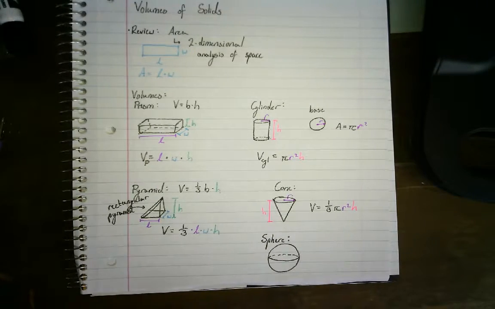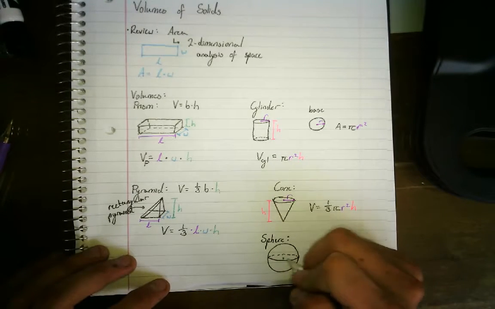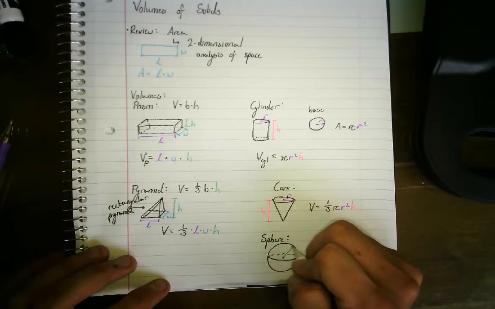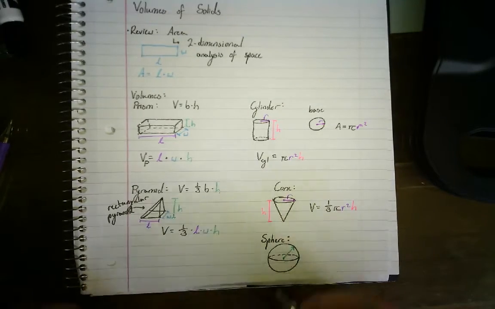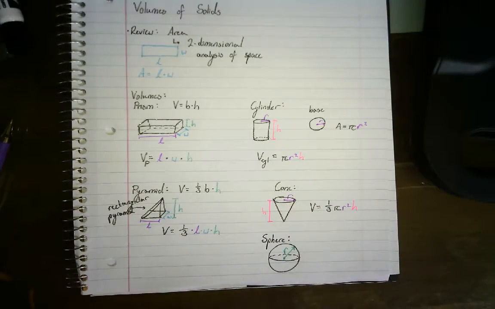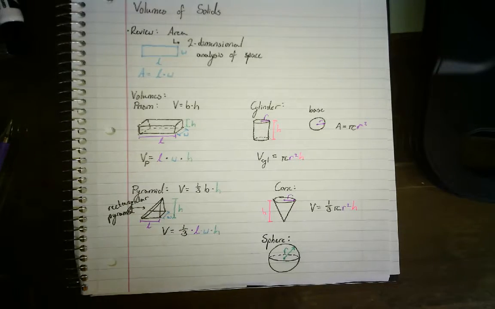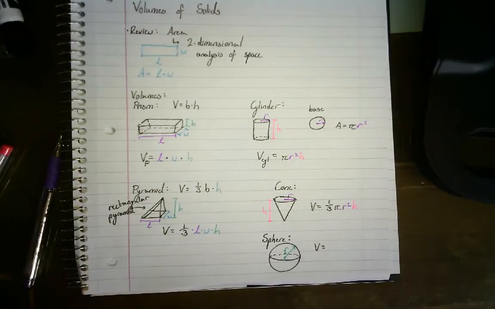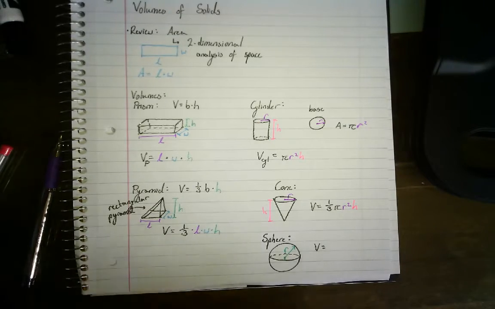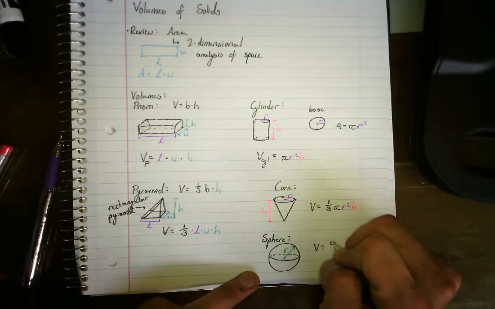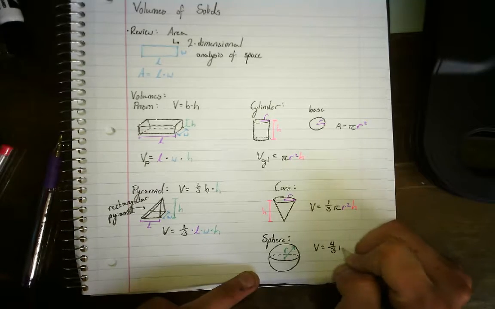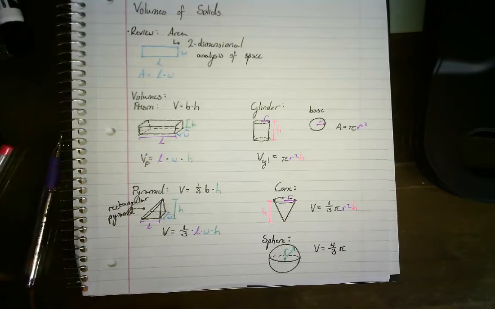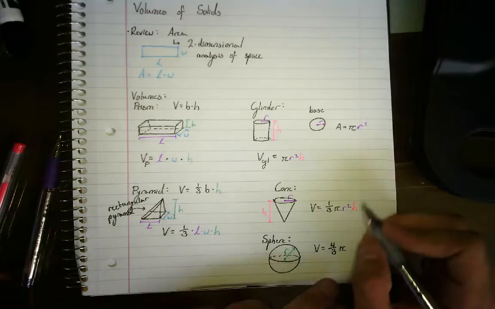And so for this one, all we need is that radius, from the very center of our sphere all the way out to the edge. So we'll just define that as r. So in this case, the volume of the sphere is equal to 4/3 times pi times r cubed.